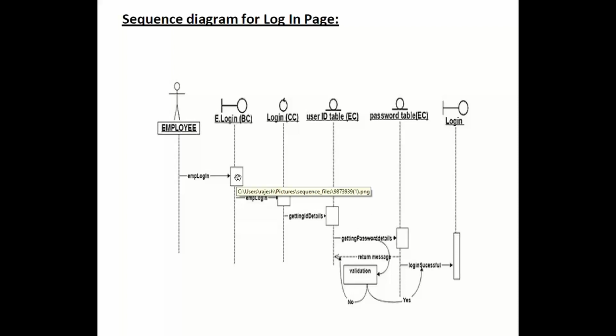Once he clicks on the login button, this request will be sent to the controller class. The controller class accepts that request, which has some logic in it. The controller class will send these details to the related database tables. That means the controller class will send the user ID to the user ID table, which is in the entity class, and the password to the password table, which is in the entity class.